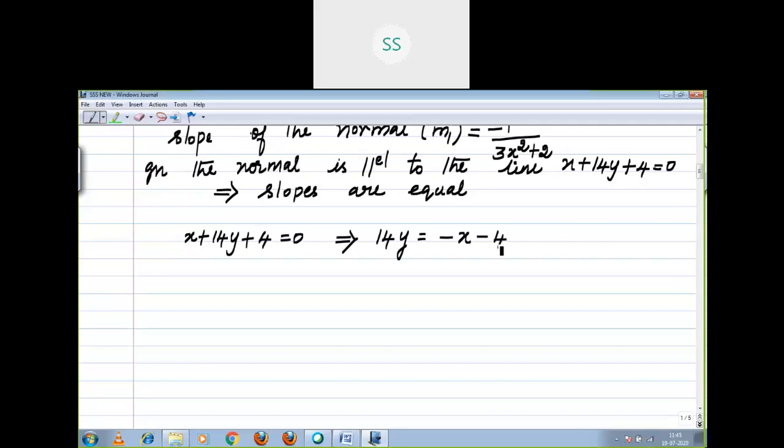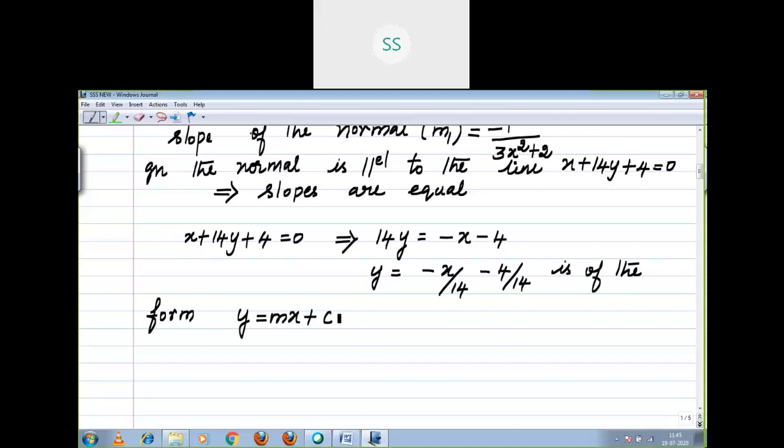Now y is equal to minus x by 14 minus 4 by 14, which is of the form y is equal to mx plus c.